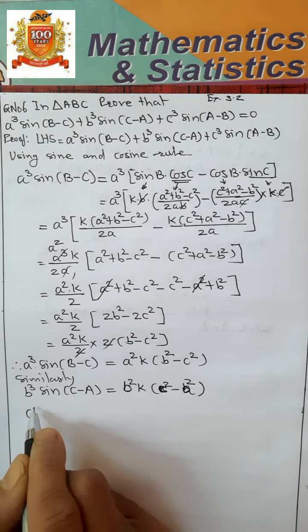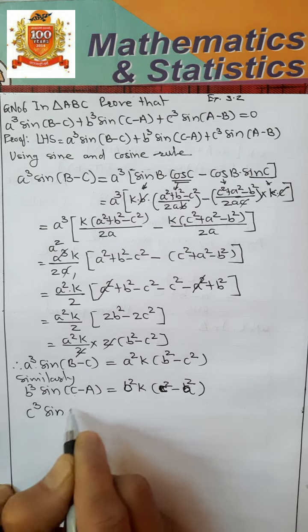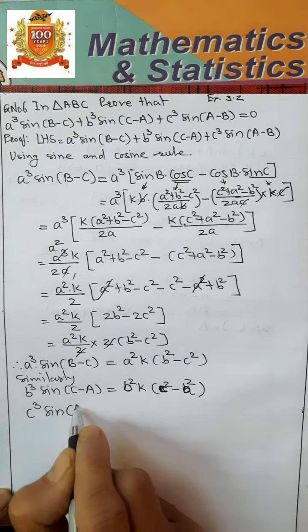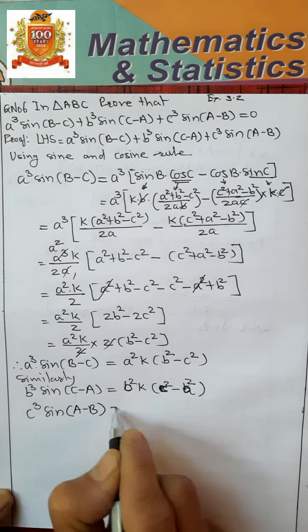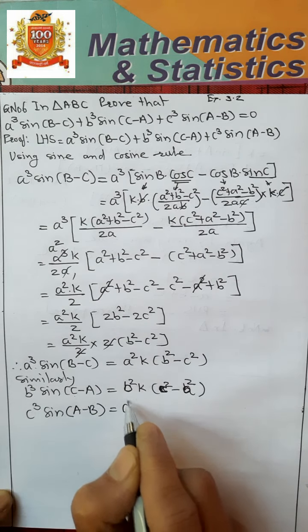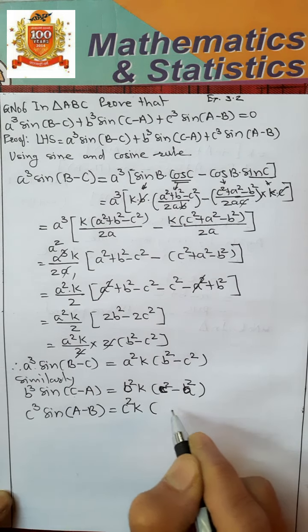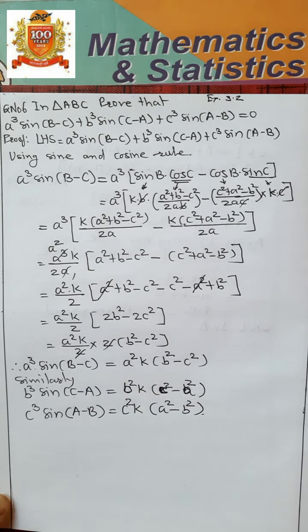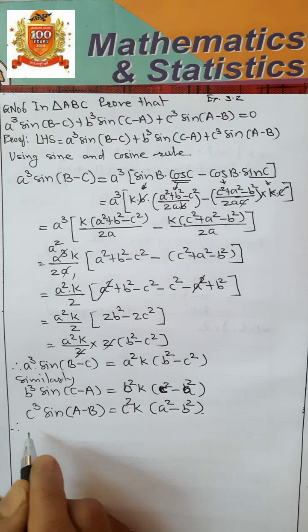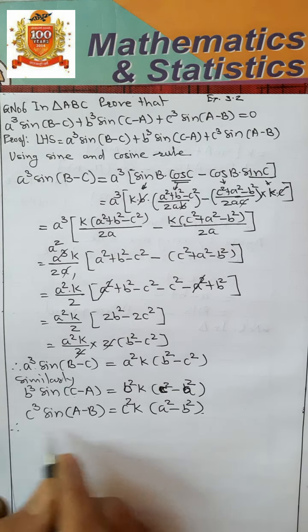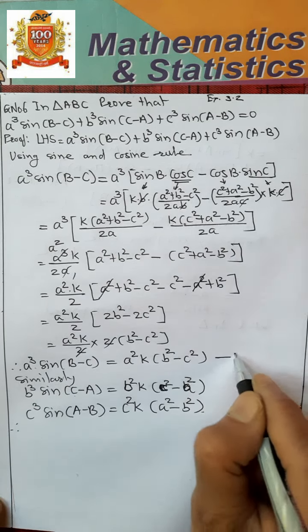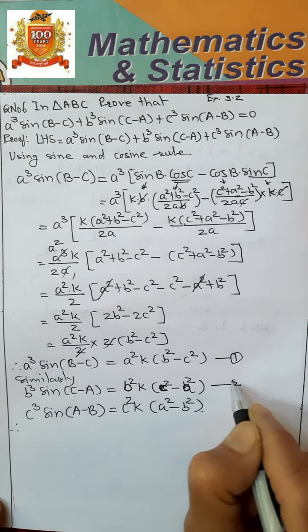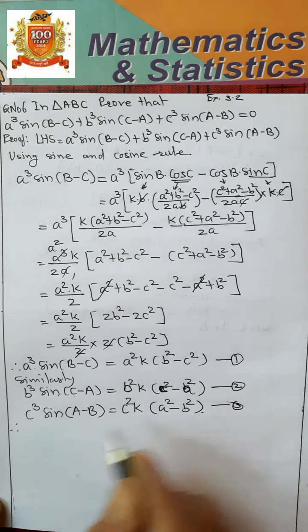And c cube into sine (a minus b) is equal to c square k into bracket (a square minus b square). Therefore, put the values. This is 1, this is 2, this is 3.